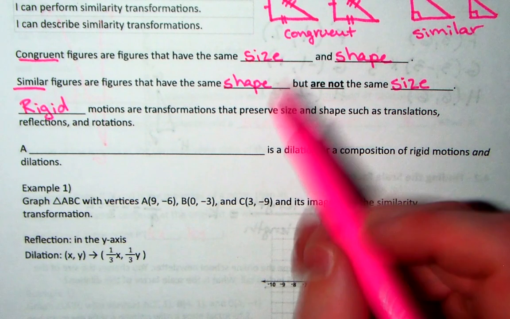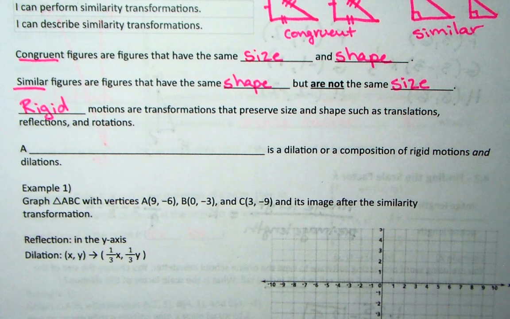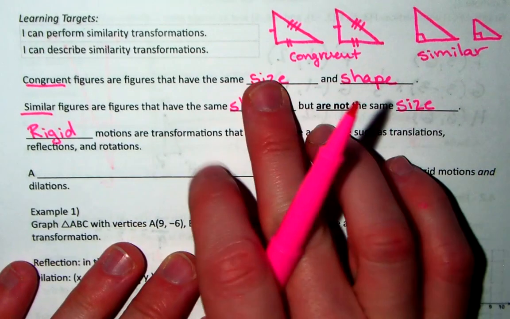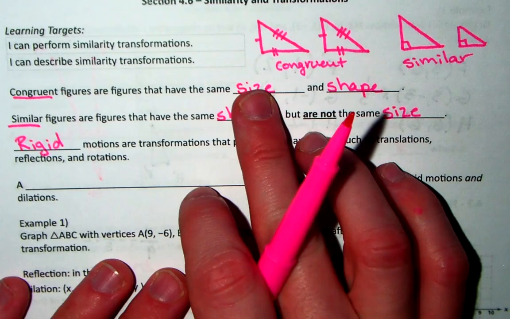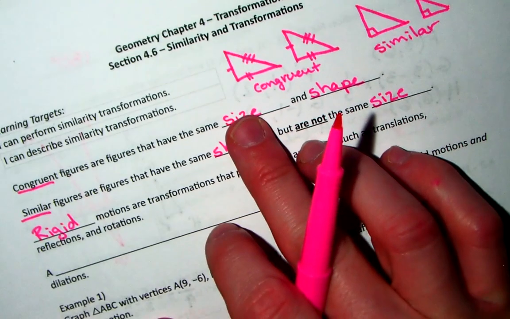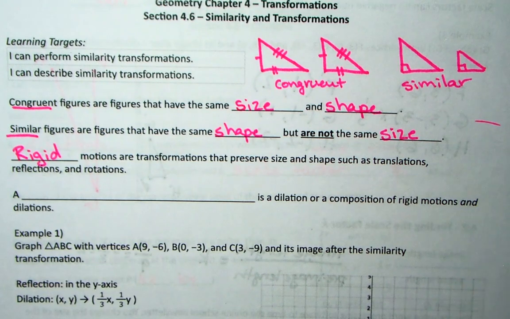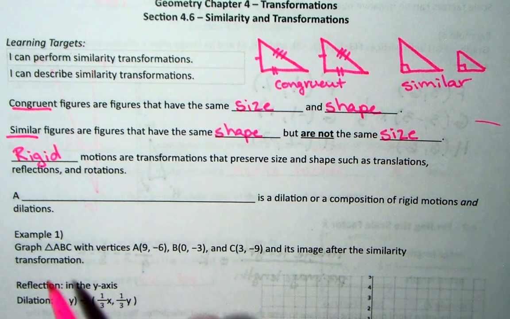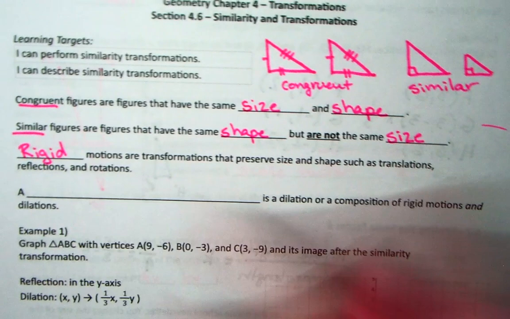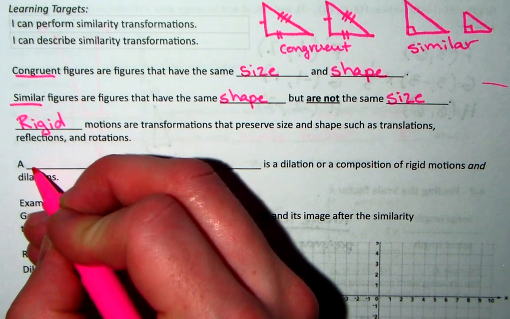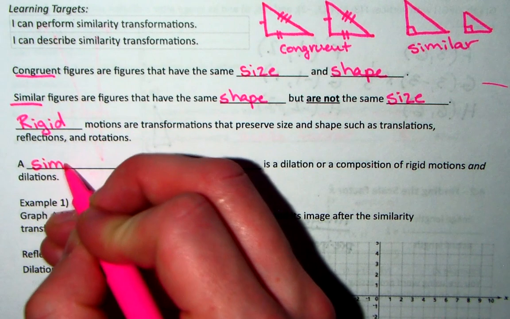So you start with a shape, and your final shape should be congruent to the original, whether we translate it, so slide it left and right, rotate it, or reflect it. That figure is going to stay the same size and shape. Compare that to a similarity transformation.